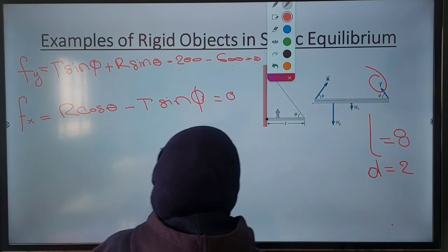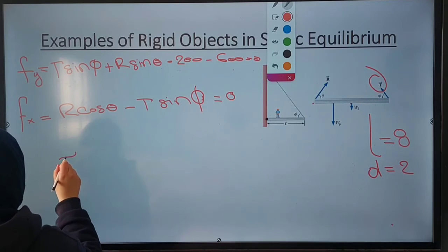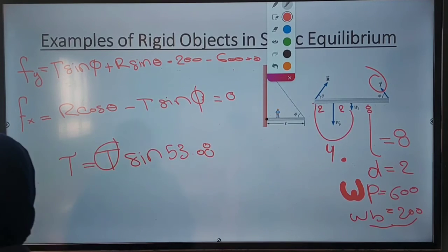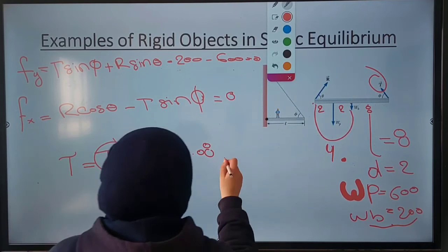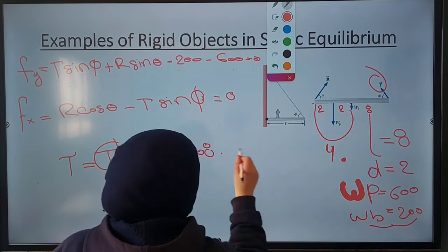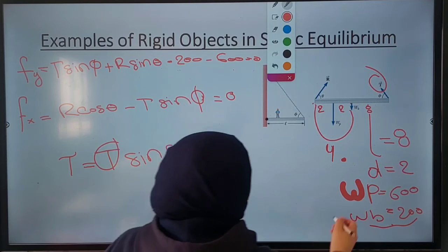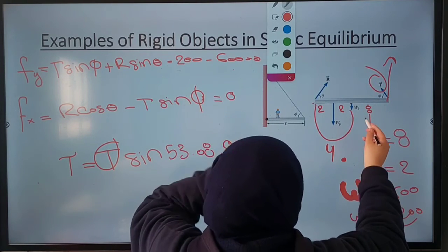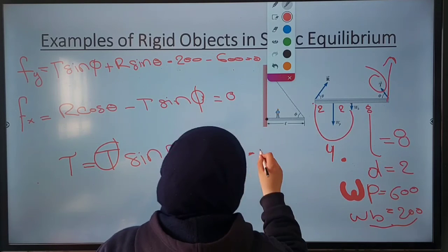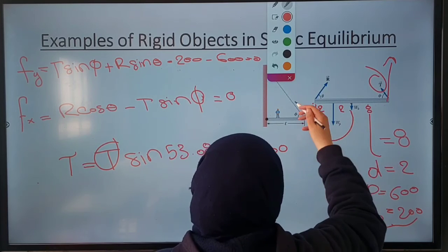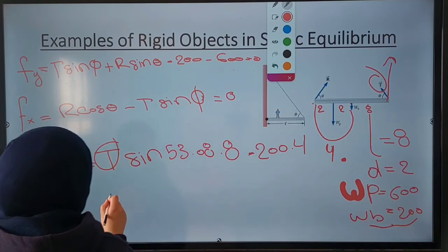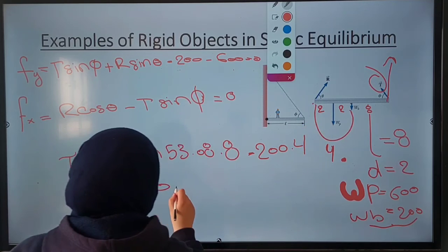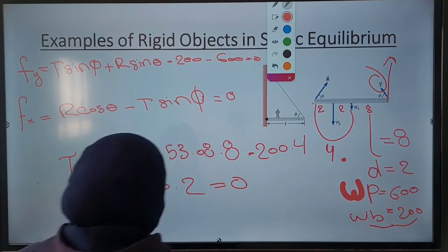Okay, so the torque of this system is going to be: the net torque equals T sine 53.08 multiplied by the length L, which is 8, minus the weight B, which equals 200, multiplied by 4, minus 600 multiplied by 2 equals 0. Okay.